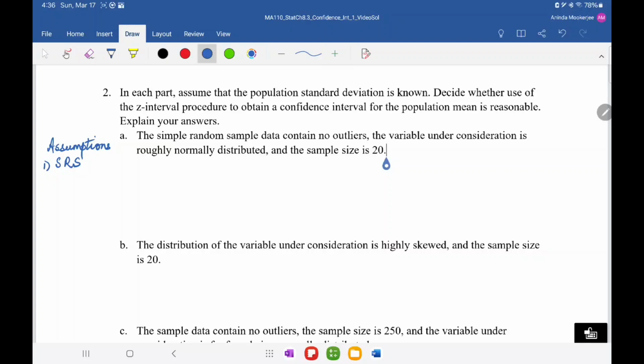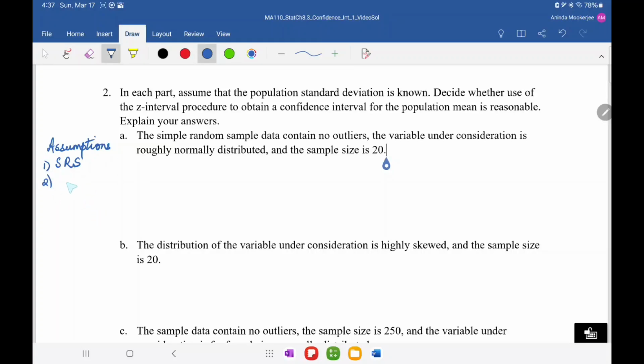Any statistical procedure that you will use to perform a statistical inferential study must satisfy this condition that the sample must be obtained from a simple random sample.